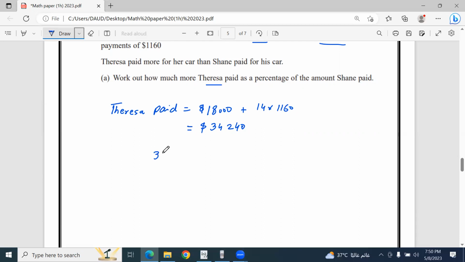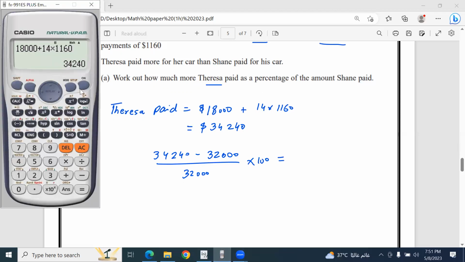Find out the difference of these two amounts or payments: 34,240 minus the amount Shani paid, 32,000, divided by the amount of Shani, because it increased from Shani. Okay, they say percentage of amount, so we will convert into that. So 32,000 multiplied by 100, because we are looking for the answer in percentage.